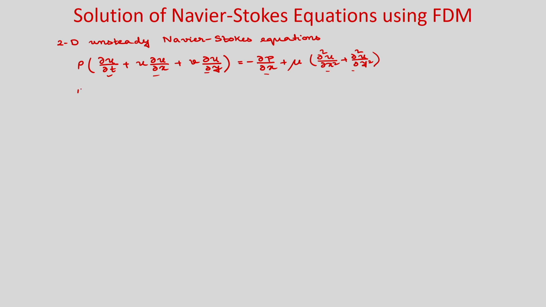Similarly, you can write the y momentum equation: rho del v by del t plus u del v by del x plus v del v by del y is equal to minus del p by del y plus mu times del 2 v by del x square plus del 2 v by del y square.